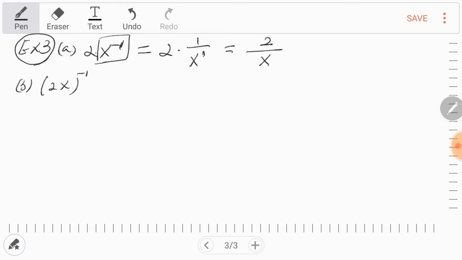If the power is 1, then we usually don't write this power, 2 over x. Okay, the second one, the base is 2x. So what we do is move this whole base to the denominator. And then the power is positive 1. And since the power is 1, we can just get rid of this power, so 2x.